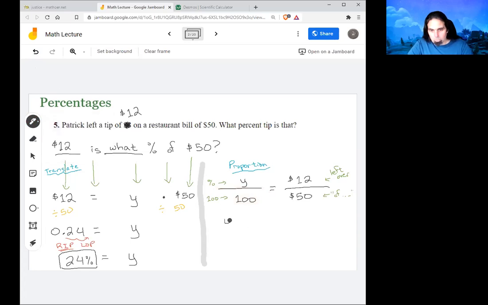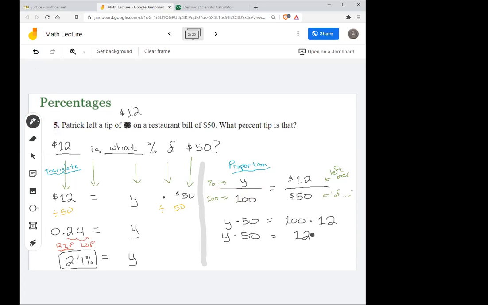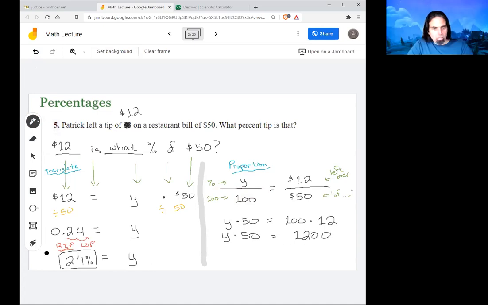So then I cross multiply y times 50 on one side. I can keep drawing my swooshes if you need me to, but this is kind of crowded, so I am attempting to skip it. You can see this looks quite similar, but instead of a 12, I have a 1200. I've paid for my percent already.